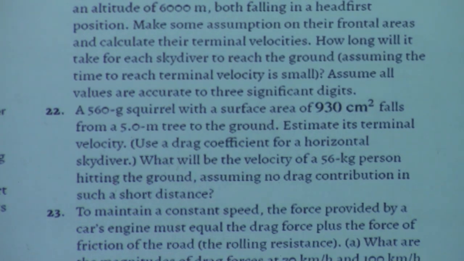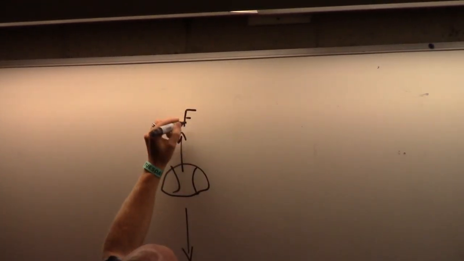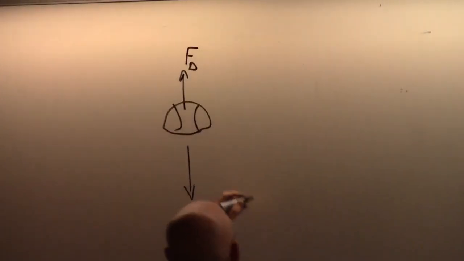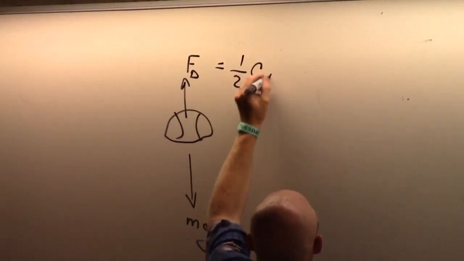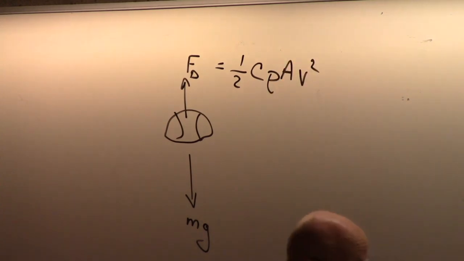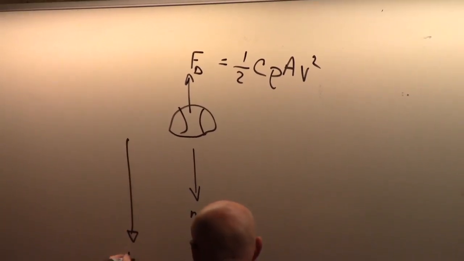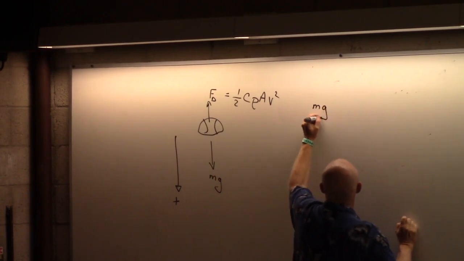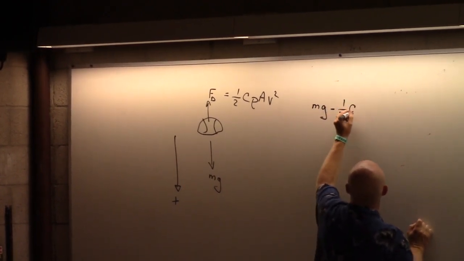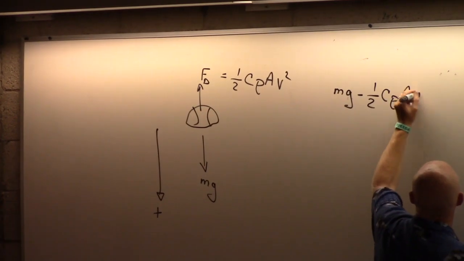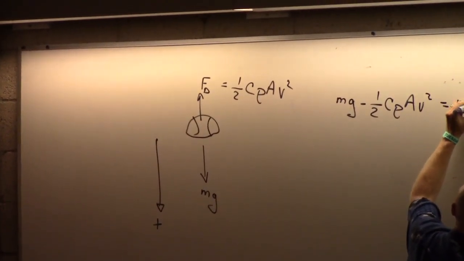And so if you remember, our little derivation is if you had an object, and I just took kind of a ball and said if it's falling with mg and then has a drag, and if it's going through the air, that drag would be 1/2 times the coefficient times the density times the area times the velocity squared. And so if you wrote out the equations here calling down positive, you would have mg minus 1/2 coefficient density area velocity squared equals ma.